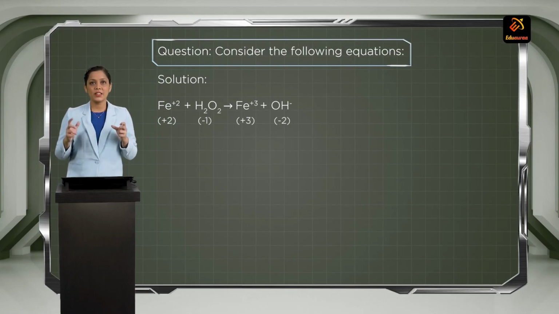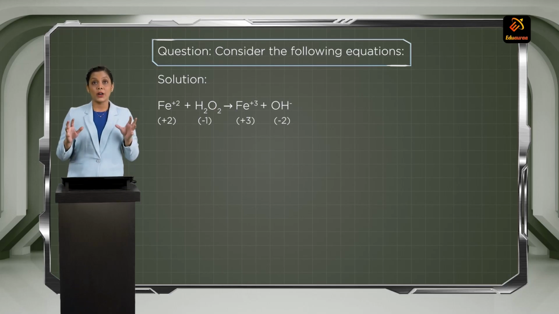Students, we have been given Fe plus 2 ions, that is ferrous ions, in which iron is in its lowest oxidation state, and H2O2, that is hydrogen peroxide, can act as an oxidizing agent as well as a reducing agent.